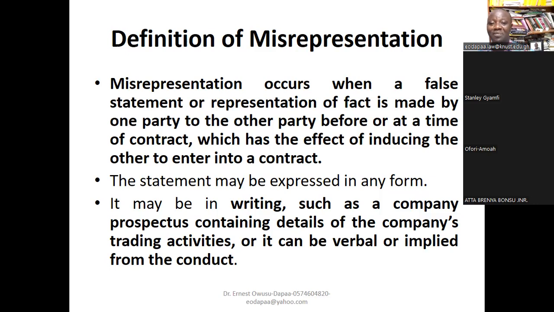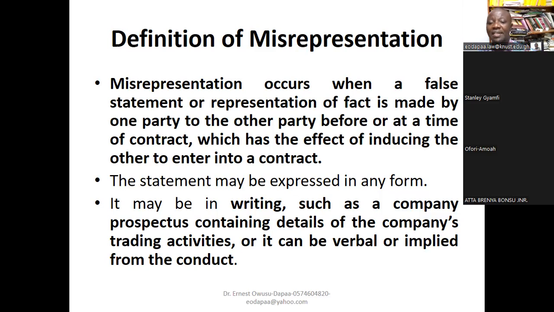Because if a misrepresentation is after the contract, there is no misrepresentation. Because if you look at the other element, it has the effect of inducing the other party. The other party, that is the party to whom the false statement of fact was made, that is the representee, if you like. Now, the representee is supposed to have been induced.